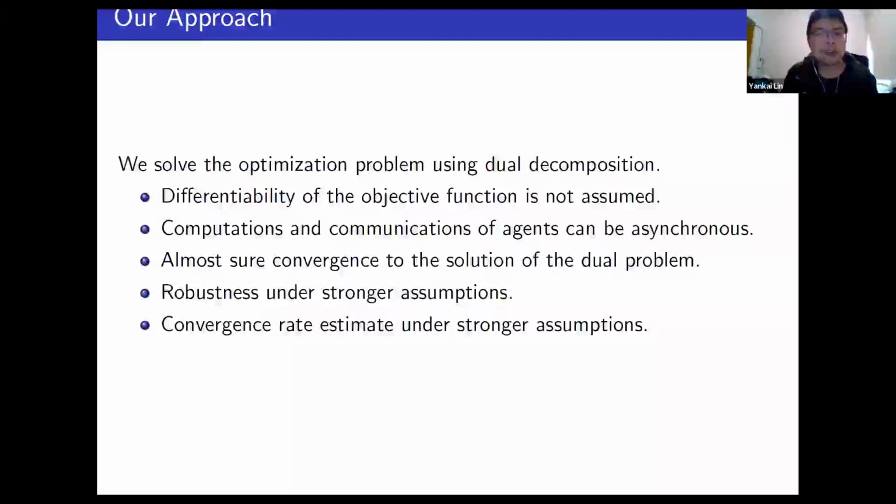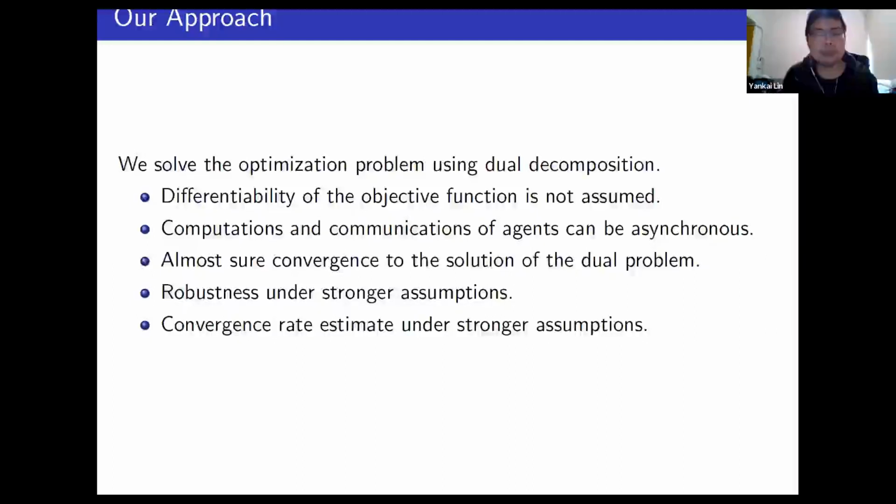And we prove almost sure convergence to the solution of the dual problem. So that's exact convergence to the solution of the dual problem with probability 1. It's not convergence in terms of expectations or convergence to a neighborhood. And under stronger assumptions, you can show some robustness results.